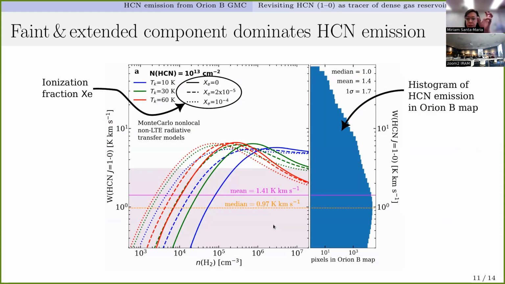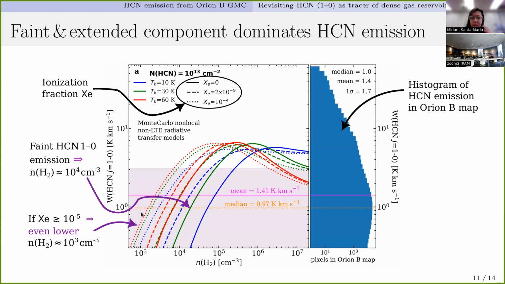We compare the histogram of the HCN emission in the Orion B map with the models that I commented on at the beginning. These models have different temperatures and different ionization fractions.